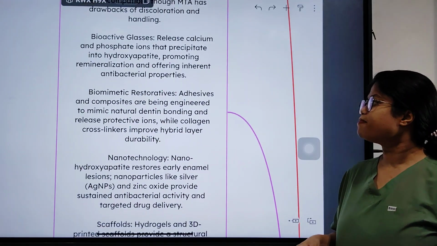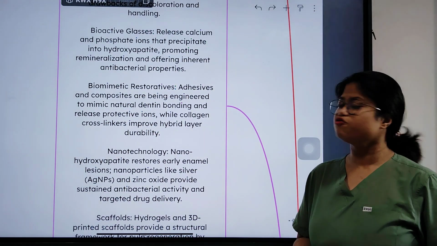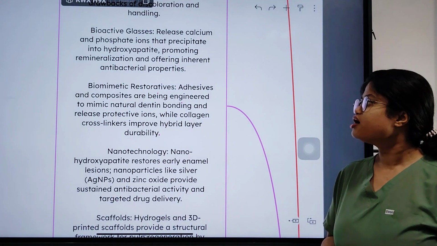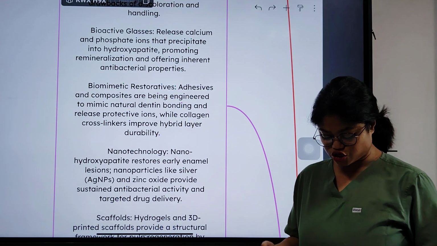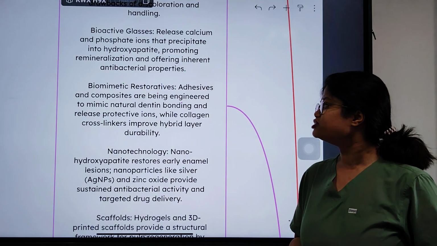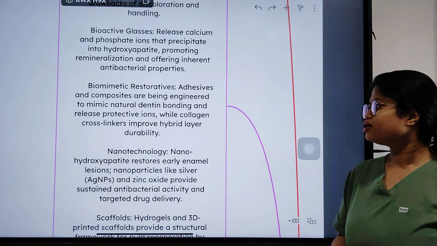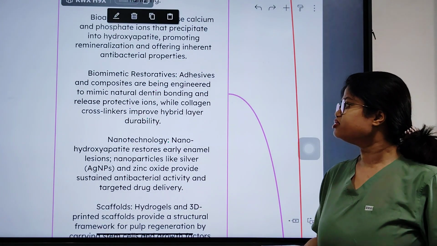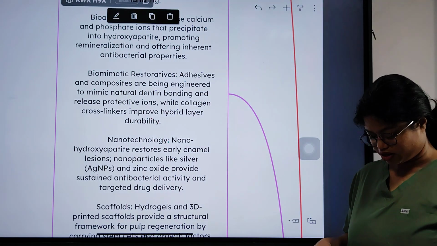The third are the biomimetic restoratives, in the form of adhesives and composites that are being engineered to mimic natural dentine through bonding, protective ion release, and collagen cross-linking agents that improve hybrid layer durability.